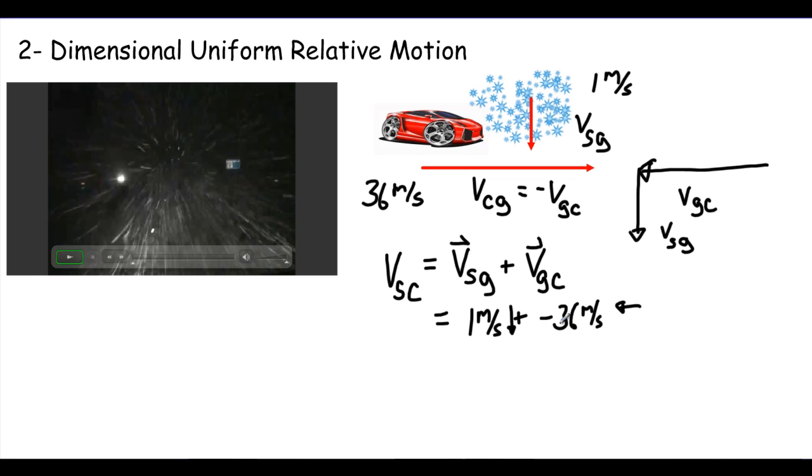Now, in order to do this, I'm going to have to use the Pythagorean theorem. Because they make a 90-degree triangle, to find my resultant, which starts here and goes to there, I need to use the Pythagorean theorem to find that length. So I'm going to do the square root of 1 squared plus the square of negative 36.